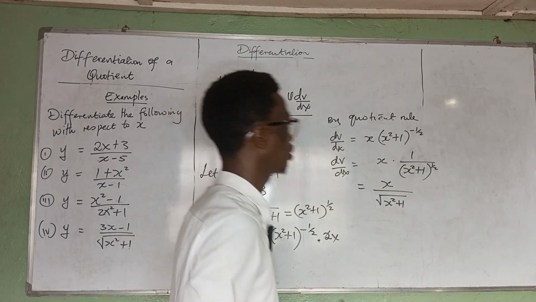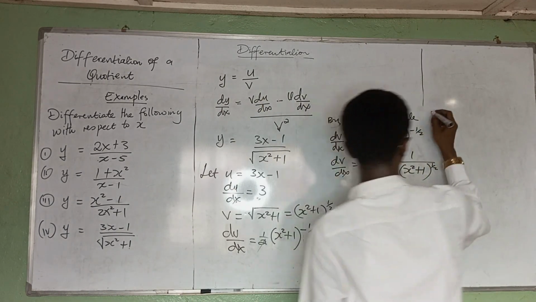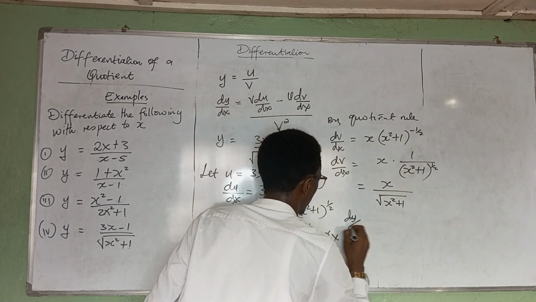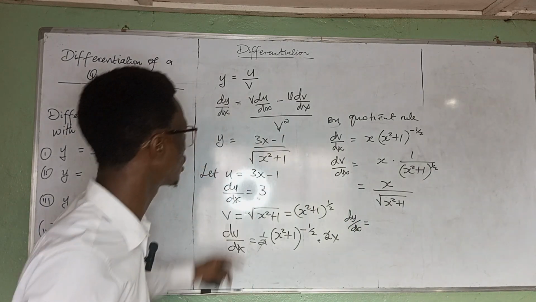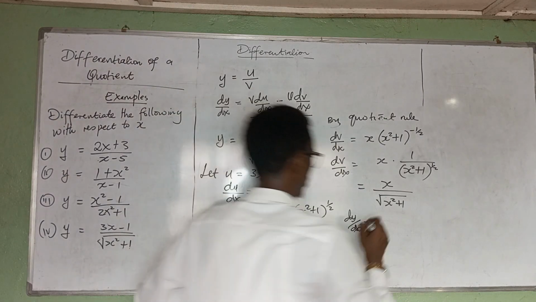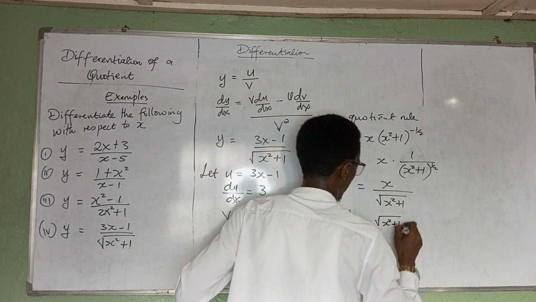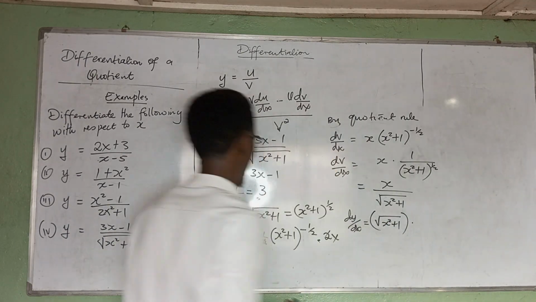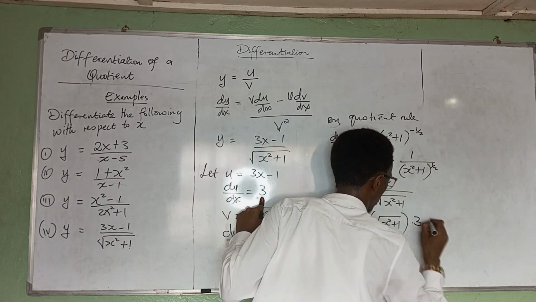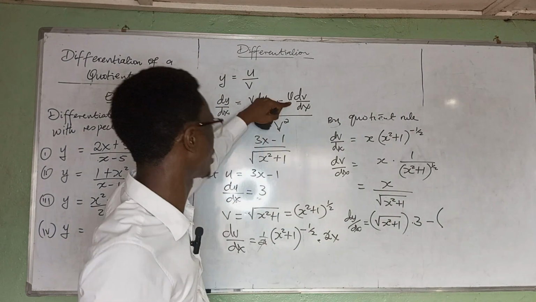Now with this, we can substitute into the formula. That becomes your dy by dx. The first thing, you have v du by dx. What is your v? This is your v, which is root x squared plus 1, multiplied by your du by dx, which is 3, minus, you open bracket. What is your u?